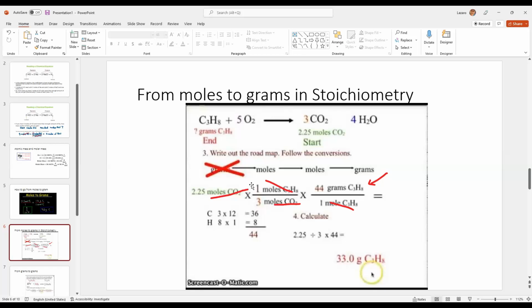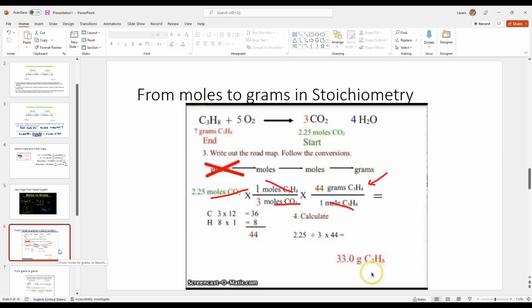Then after you cancel moles of carbon dioxide with moles of carbon dioxide, moles of this substance with moles of this substance, you can get the grams of the substance that is the question. And in this case, it's 33.0 grams. Look, 1, 2, 3 significant figures because the given number has 1, 2, 3 significant figures. In this case, you are going from moles to grams.